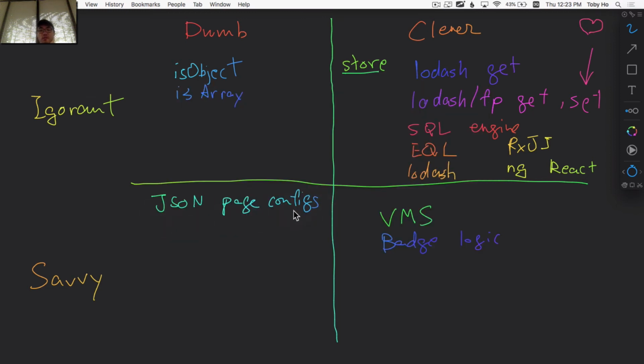For people who don't know what this is, we built an in-house JSON-based language for coding pages and form-based pages and tables. So you can code an entire page using only JSON, and that's what we're talking about. And we built the engine that supports that JSON-based language for building pages.